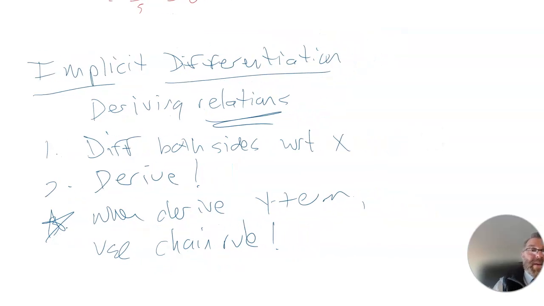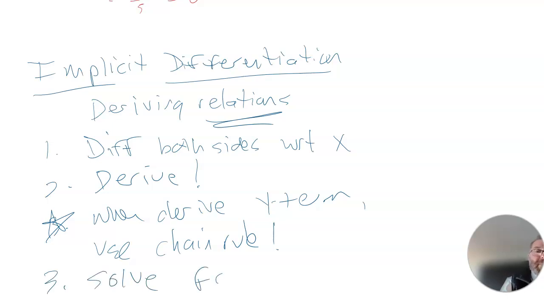And then, of course, our last step is to just solve algebraically for y prime or dy dx. Same thing. And that usually, if we have multiple dy dx's or y primes, requires us to get all the y prime containing terms on one side, factor it out, and divide through. So there's your process for implicit differentiation.